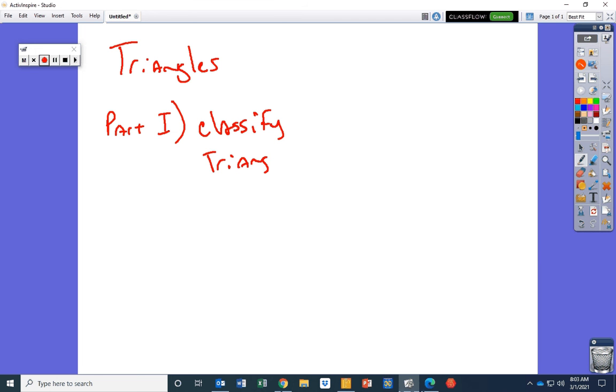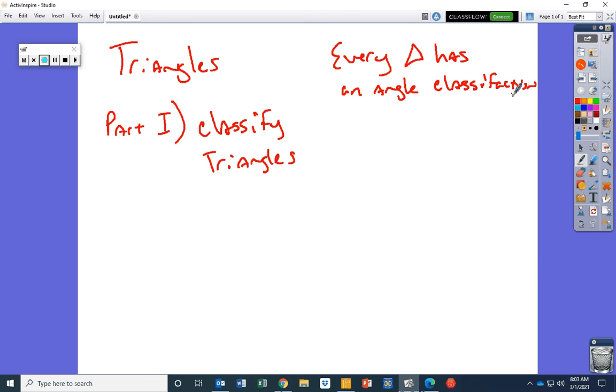Every triangle has an angle classification, and a side classification.